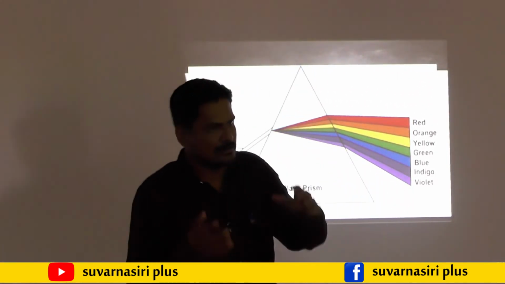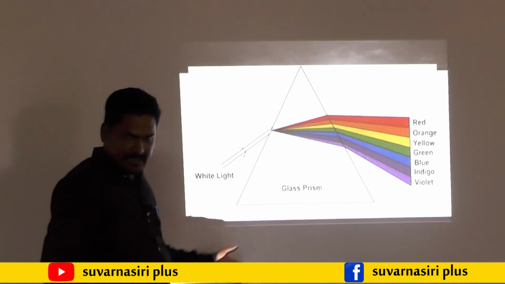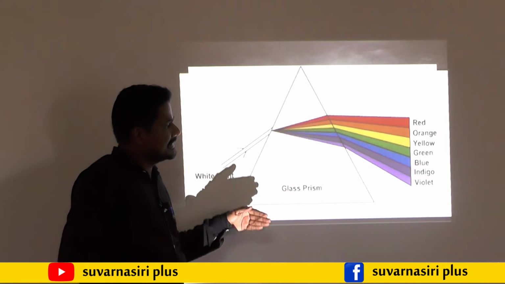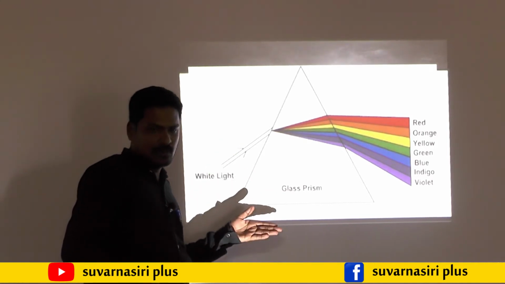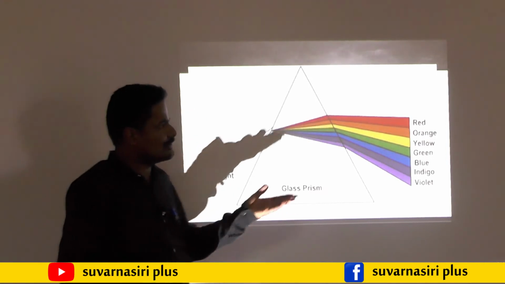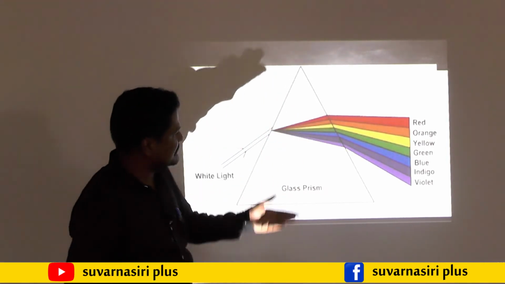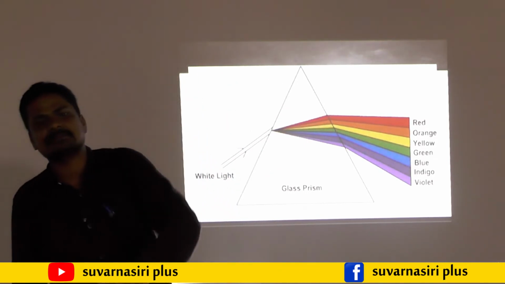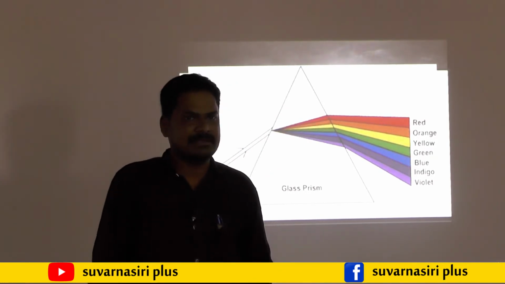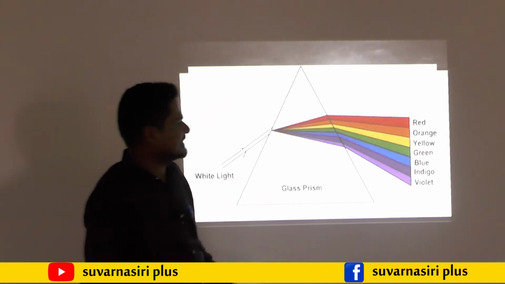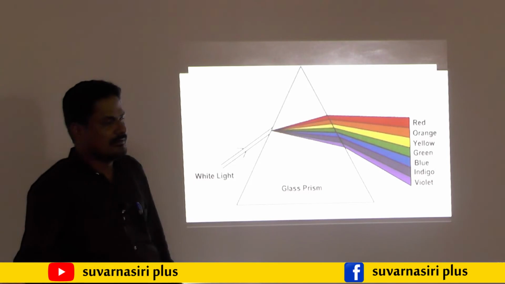At that time, you have to recall VIBGYOR. Violet bends more than indigo, which bends more than blue, then green, then yellow, then orange, then red. The red bends least because its wavelength is more, and violet bends more because its wavelength is less.